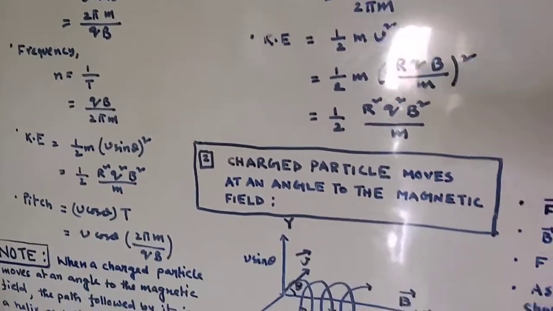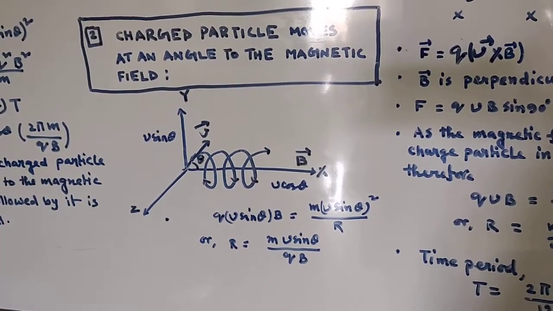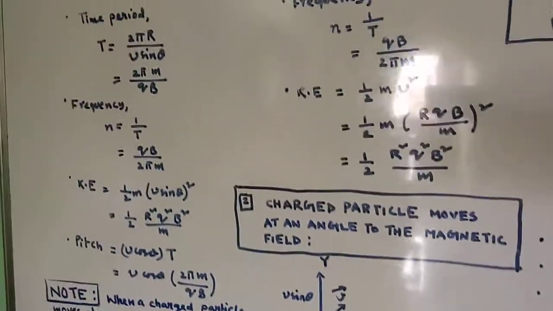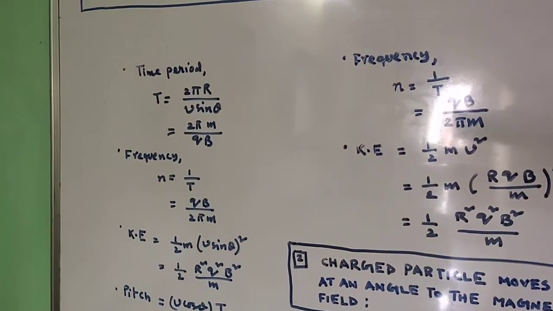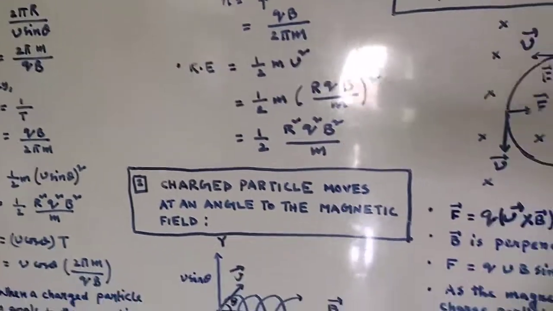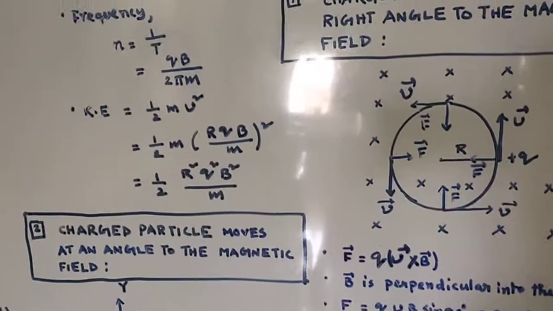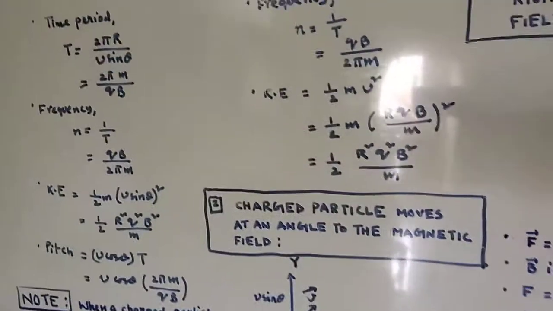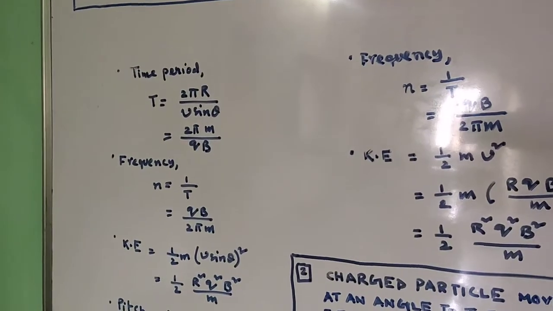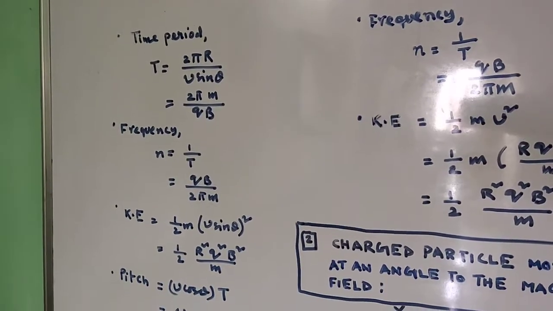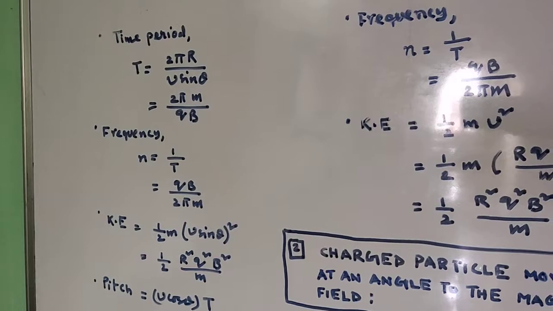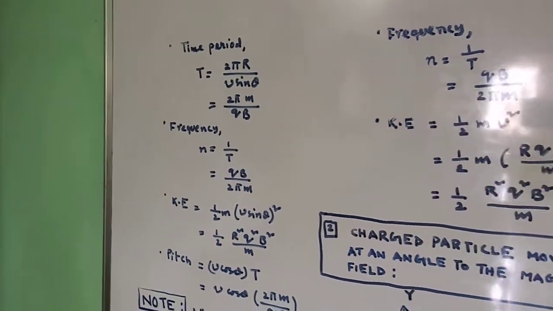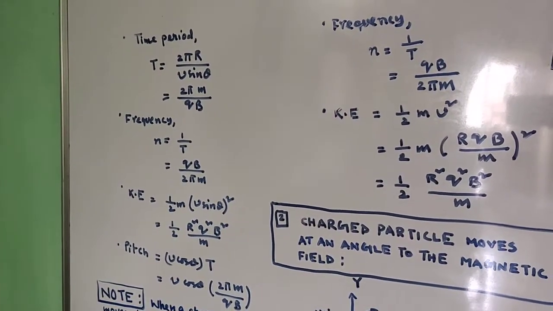So r by v sin theta is m by qB, giving 2 pi m by qB. So the time period expression is the same, 2 pi m by qB. The frequency expression is also identical, 1 by T, that is qB by 2 pi m.